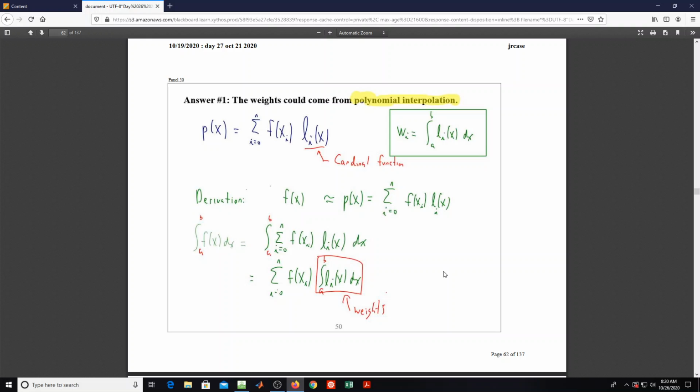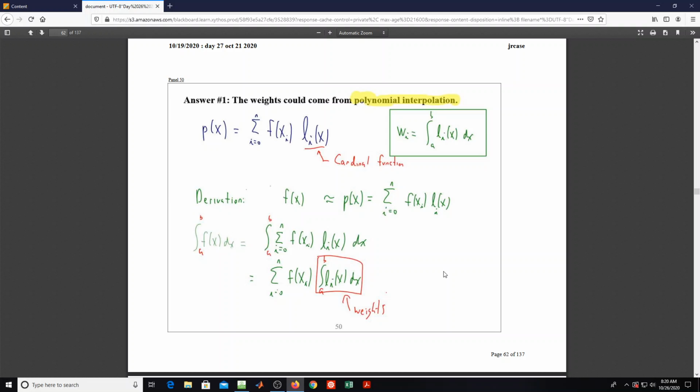It could be the y value times our cardinal function to get a polynomial which interpolates the points. Does that make sense? You've got y values, and you're going to interpolate a polynomial through those points, and these cardinal functions will be the weights.